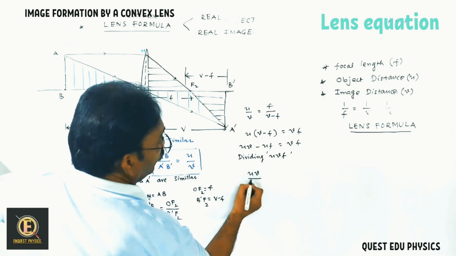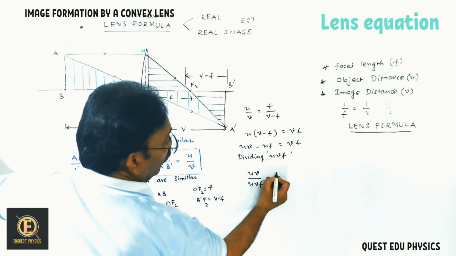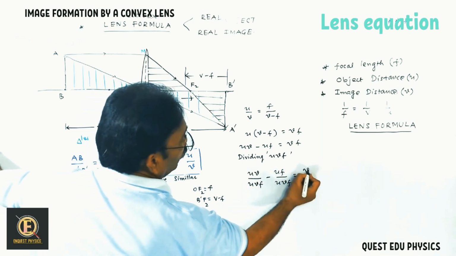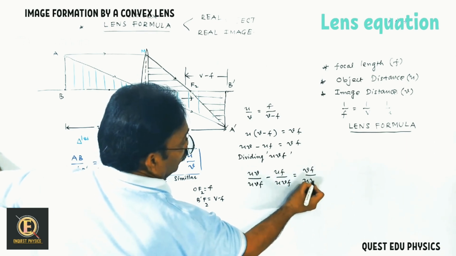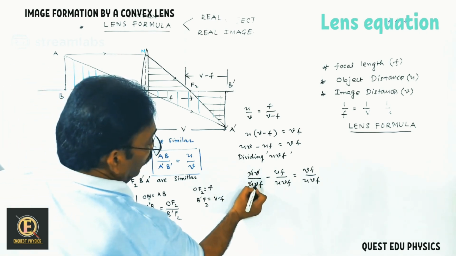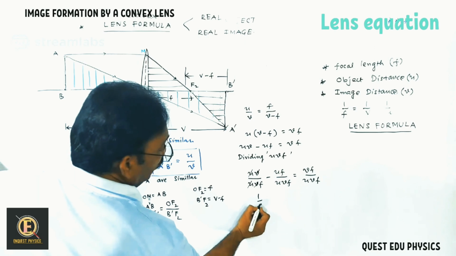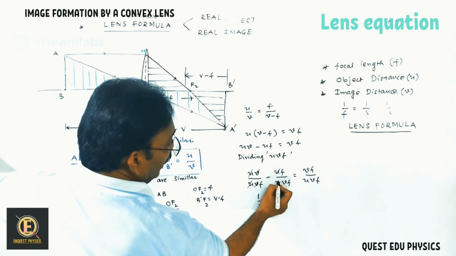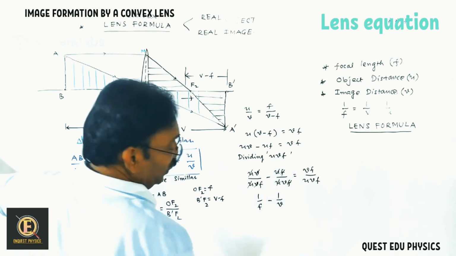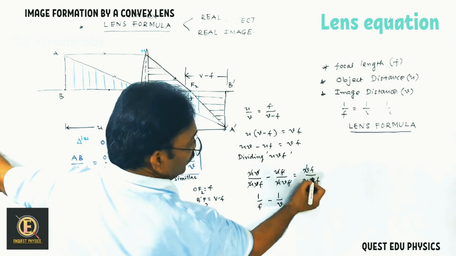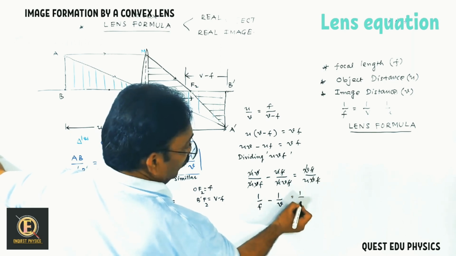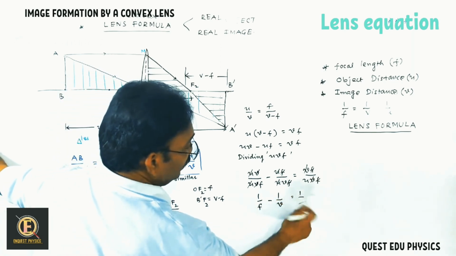U and V cancel here and we get 1 by F. Minus UF by UVF: U cancels with U, and F cancels with F, and we have 1 by V. And see this, V is cancelled with V, and F is cancelled with F. We have 1 by U. This is 1 by F is equal to 1 by V plus 1 by U. But we wrote the equation as 1 by F is equal to 1 by V minus 1 by U, students.